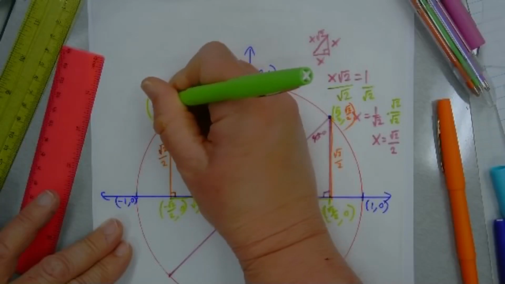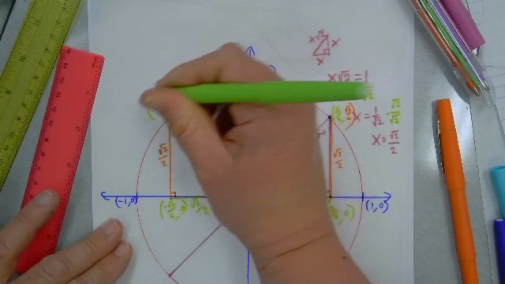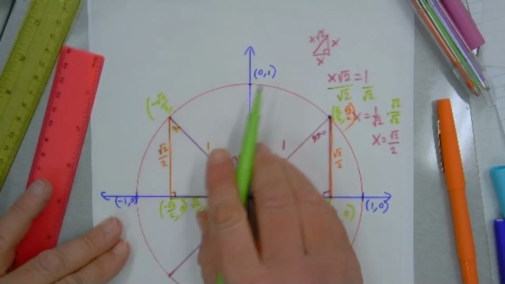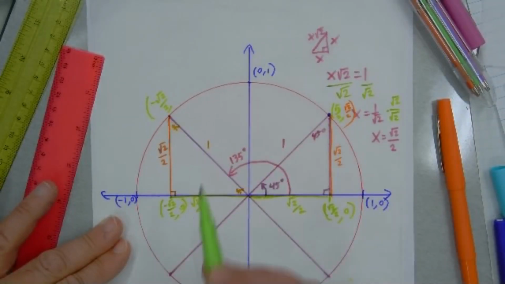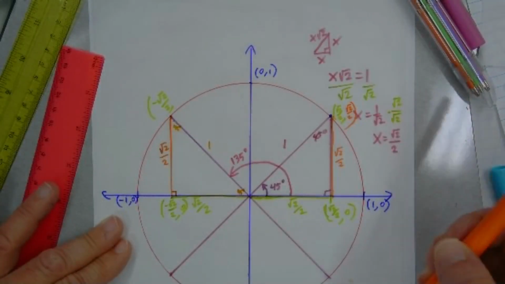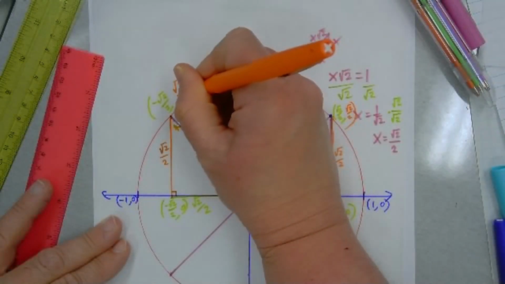And so it would be a negative root 2 over 2 for this point. My y-coordinate still went up, just like this one did. It didn't go down yet. We'll get there. So my y-coordinate will still be positive. It'll be root 2 over 2.